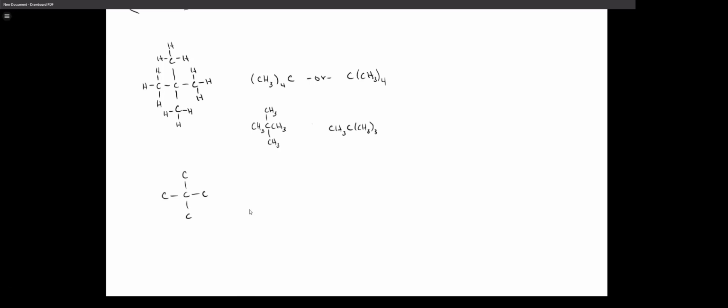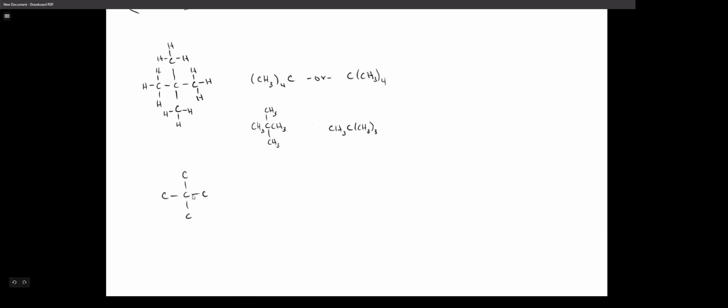I also know carbon makes how many bonds? 4. So if carbon makes 4 bonds, every bond that I see counts as 1. So this carbon makes 4 bonds, right? No problem there. It's fine. It's got its octet. No issue. All of these, how many bonds are being shown?